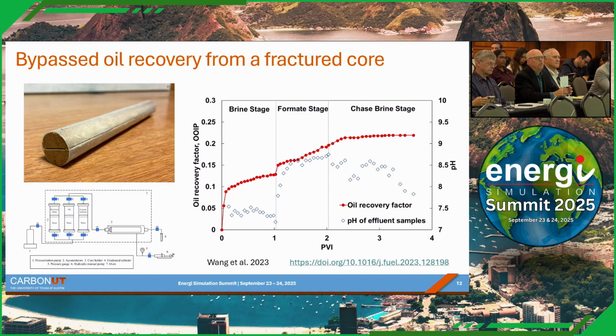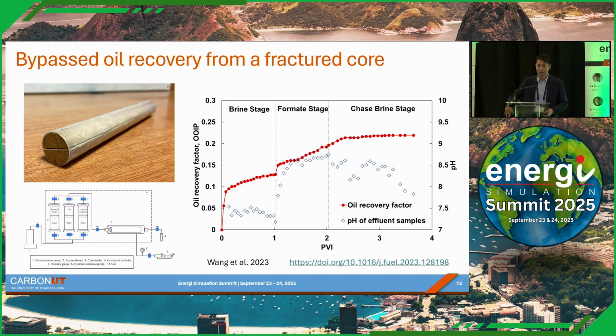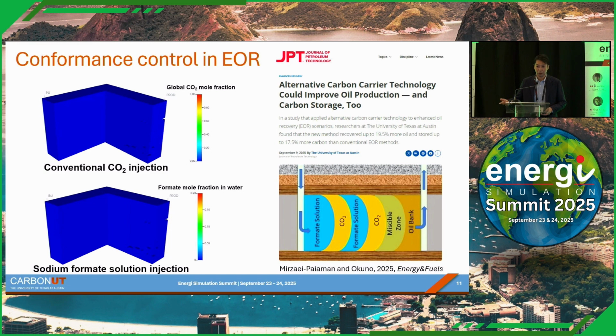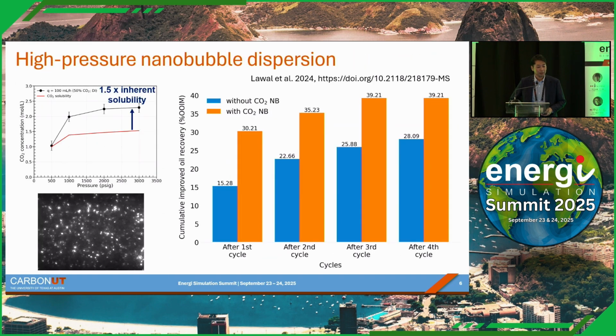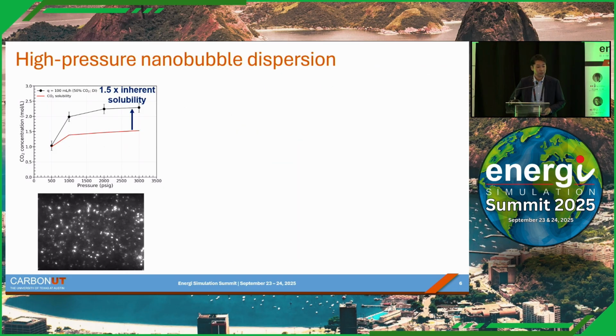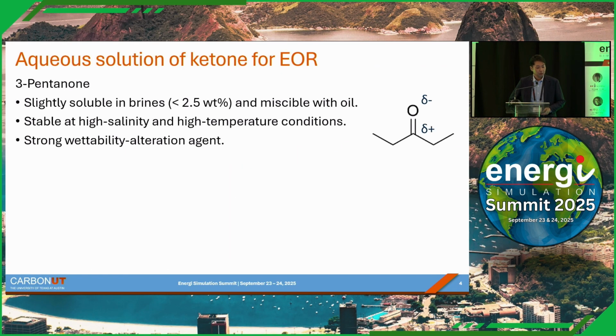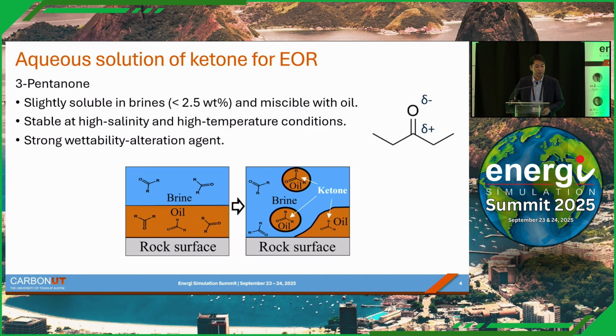So in all these 3 topics, the ketone case is the most relevant because it partitions into oil, and so we apply ketone at or below solubility in the injection brine. Usually it's below 2.5 weight%, and we apply it in huff and puff mode in shale.